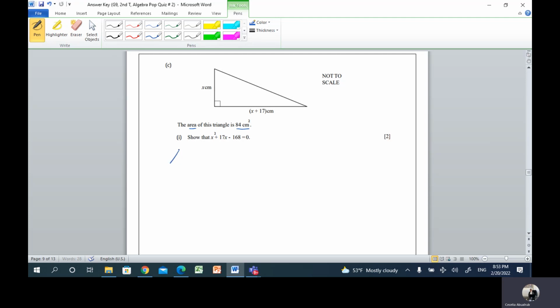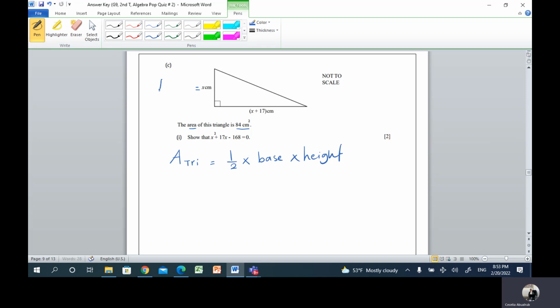So we're going to say area of the triangle is equal to half times the base times the perpendicular height.